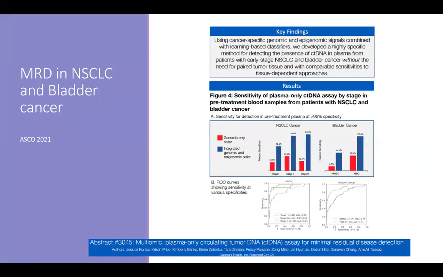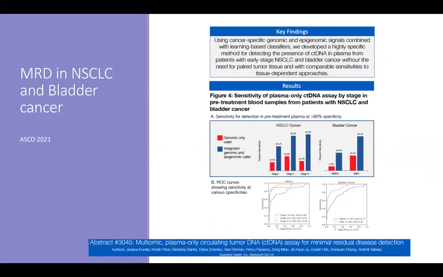So this is the performance also in non-small cell lung cancer and bladder cancer, also using circulating tumor DNA. As you can see, integration of genomics and epigenomics gives a lot higher sensitivity, and as the stage goes up, there's higher tumor burden associated with a higher shedding rate, shedding dynamics.